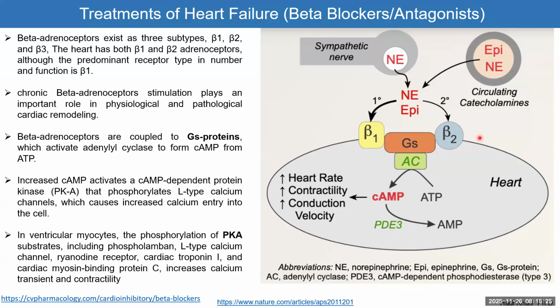And when these are activated, they need a signal from the sympathetic nerve or from catecholamines that are circulating around the blood vessels or the heart. So either epinephrine or norepinephrine will activate the beta adrenoreceptor. Now, the chronic stimulation of that can cause an increase of the heart rate, increase of contractility, and conduction velocity.